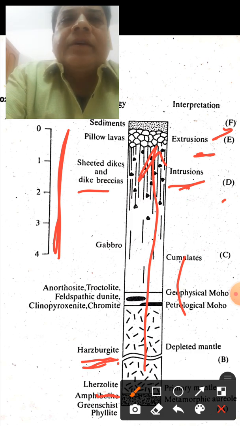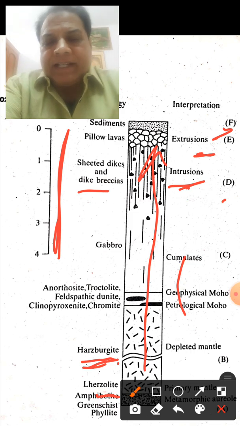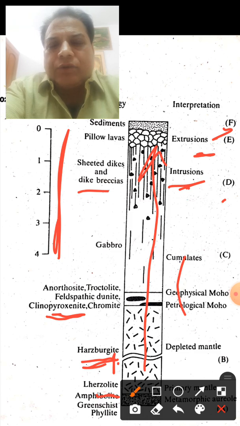Here it is all three: olivine, clinopyroxene as well as orthopyroxene. So again these are ultramafic rocks, because of olivine and pyroxenes. Similarly, here it is clinopyroxenite, meaning only clinopyroxenes, monoclinic pyroxenes, that is diopside, augite, the pyroxenes. Then it is anorthosite.